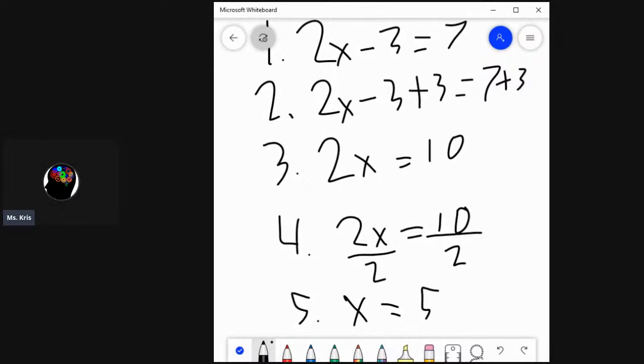The proof is that x will equal 5. You have to show me based on properties how 2x minus 3 equals 7 is going to turn out to be x equals 5. How you find it are the reasons of the proof.